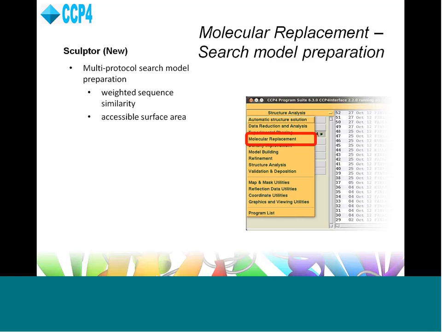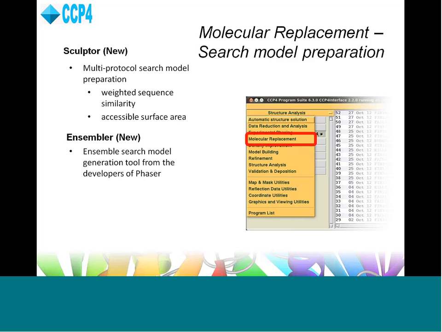It will also take into account whether residues in your model lie on the surface. It looks at accessible surface area, and it will downweight these side chains if they are on the surface, as there's likely to be more movement there.